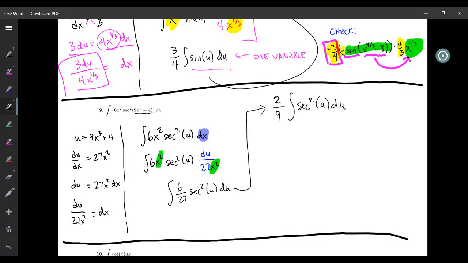Okay, so I mentioned earlier that the derivative of tangent of theta is secant squared of theta. So if you take the integral of secant squared of u, you would get tangent of u. Right, don't forget to plug your u back in.